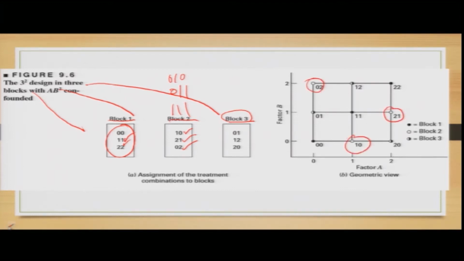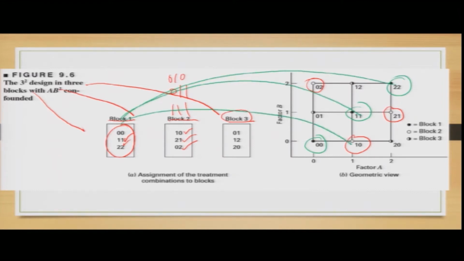Then 0 0, 1 1, 2 2 is in block 1. So, if you consider here, and the red one is for block 2, block 3 would be 0 1, 1 2, 2 0.